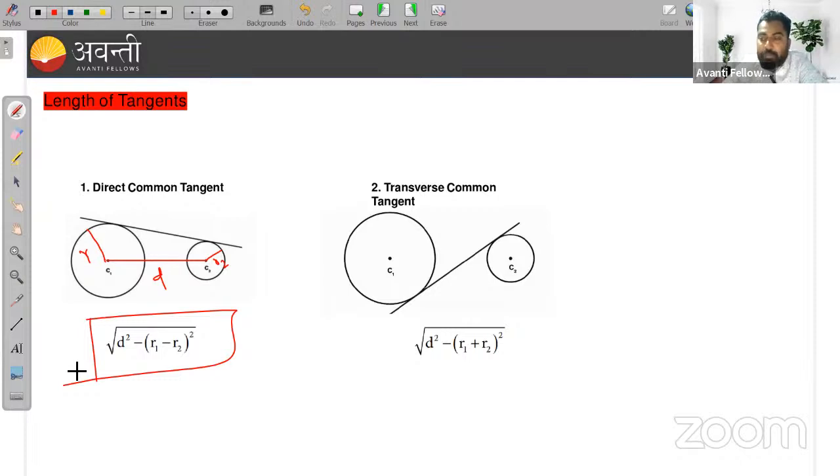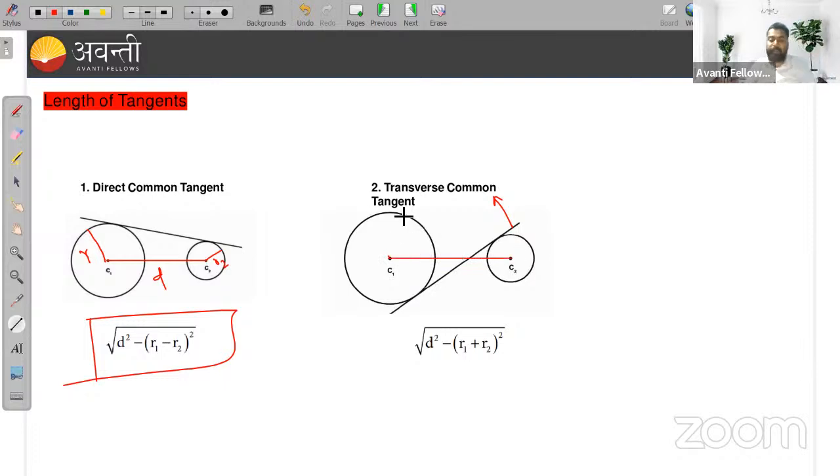Okay, but in the second case, in case of transverse common tangents, this is known as my transverse common tangent. And what is the formula to find the length of the transverse common tangent? That is under root of d square minus (R1 plus R2) whole square. And what is d here? d is the distance between both the centers.